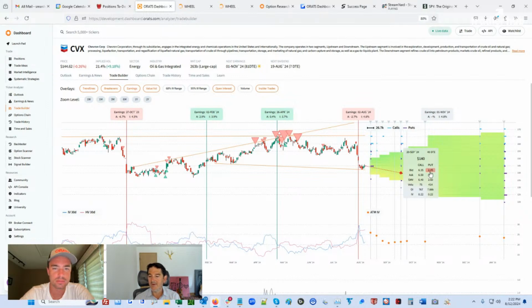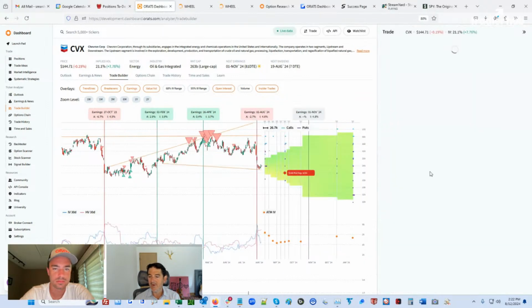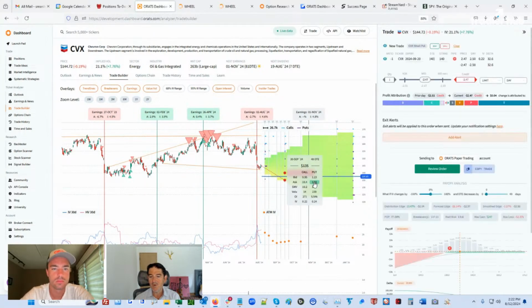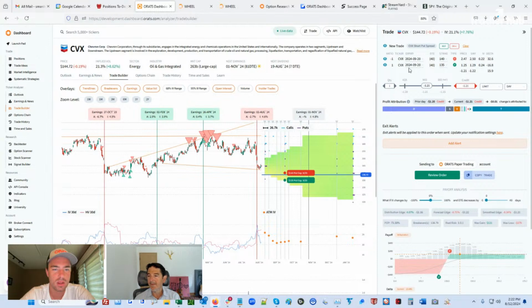Well, the vol's really high in Chevron right now compared to what it normally is. So we'll do an out of the money put spread. And I don't think we've shown trading directly from the trade builder on the show, but this is a nice way to do it. It's a pretty cool point and click interface.